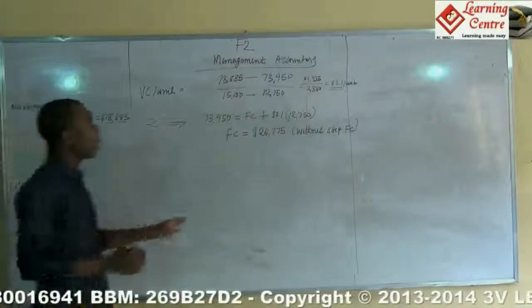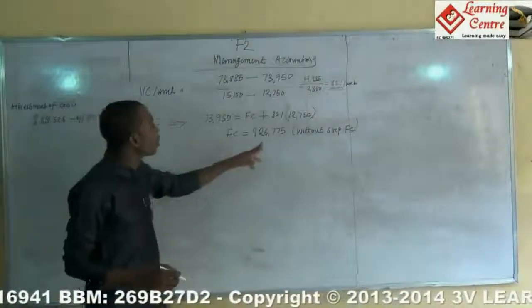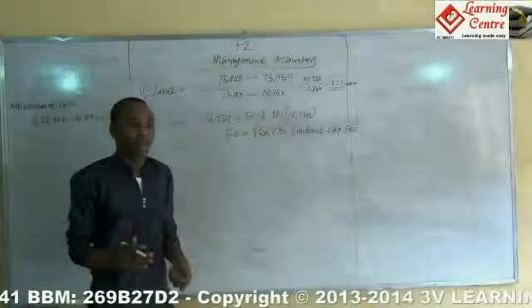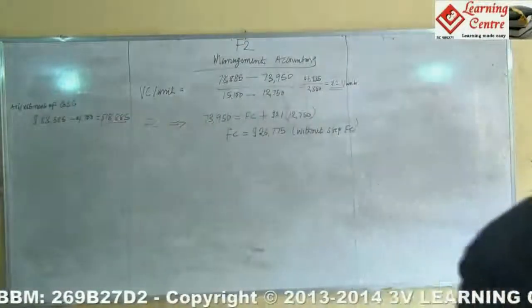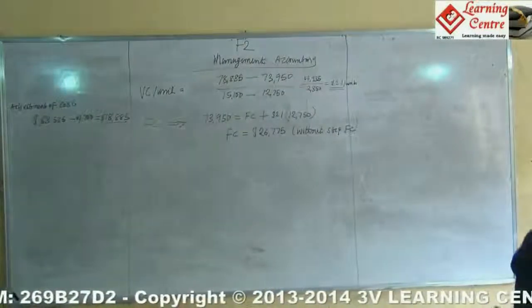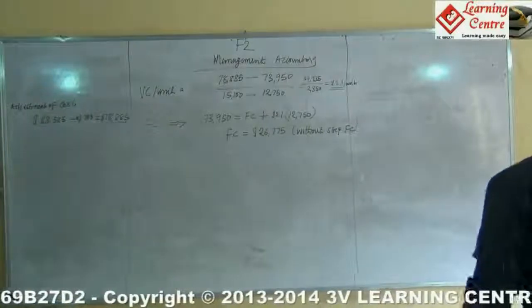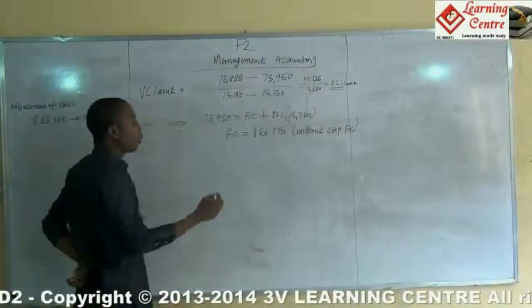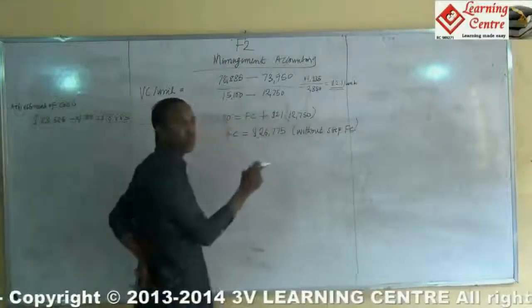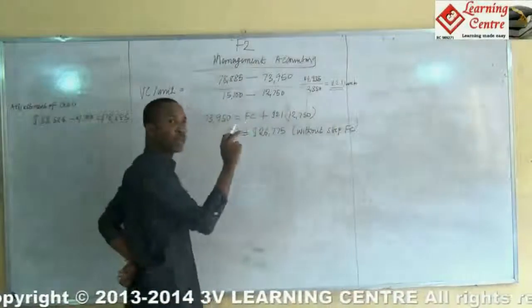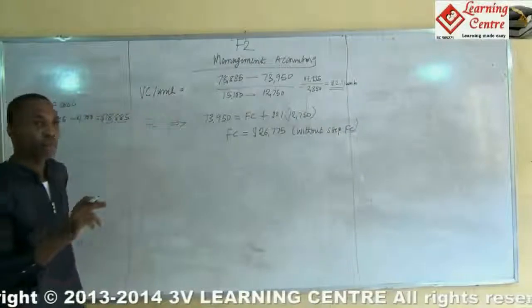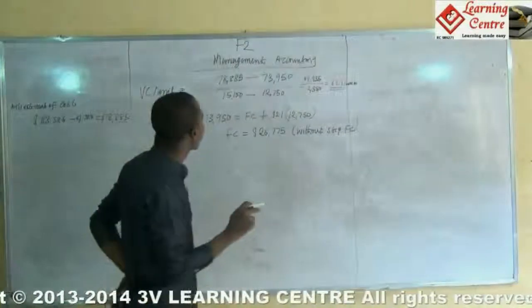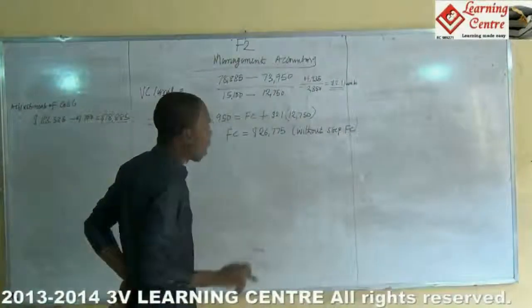This fixed cost is where, we were told, it will step up after 14,400. So anything beyond 14,400, we have to use this fixed cost plus 4,700. Sorry, the 26,775 is 12,750 times 2.1, that is the variable cost.